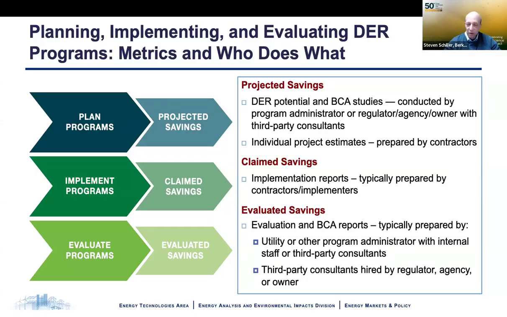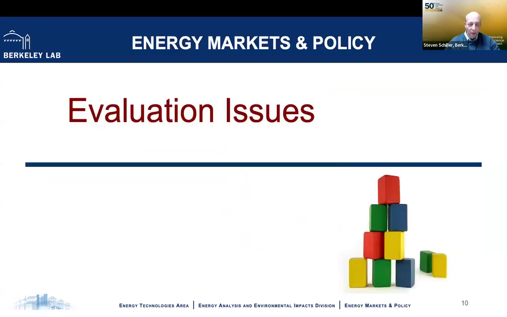These are savings that are claimed typically by the contractors, implementers of the programs. And then you have the evaluated savings, which are the reviewed or independently developed savings done potentially by a third party or the administrator, working to come up with a separate indication of what savings occurred. So you start with projected, you get claimed, and then you evaluate the savings.